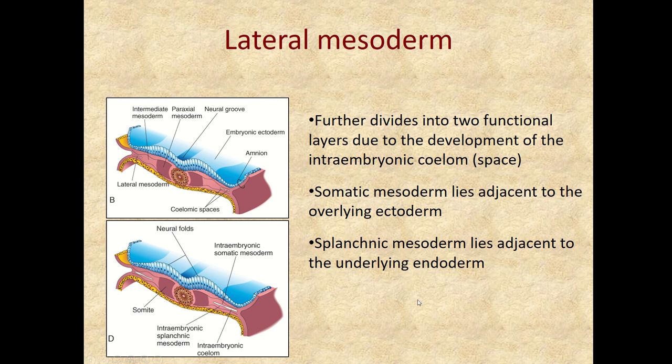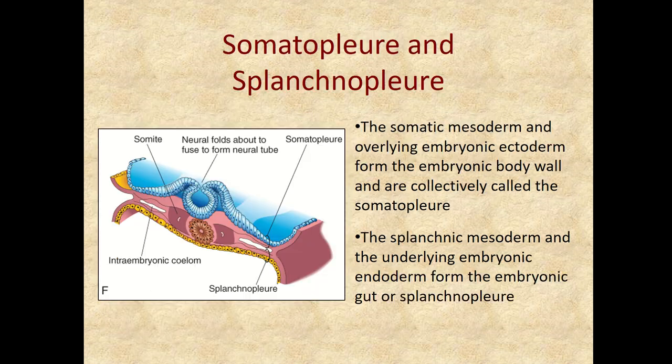And these terms are going to start to become more and more familiar to you as you continue your understanding of the nervous system. So the somatic mesoderm with the overlying ectoderm, that's going to form the embryonic body wall. So the outside of the body, the wall that makes up the perimeter or periphery of the body.